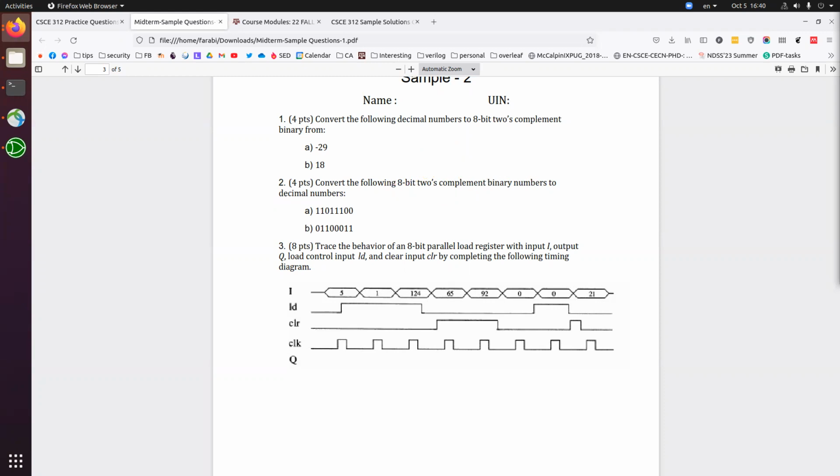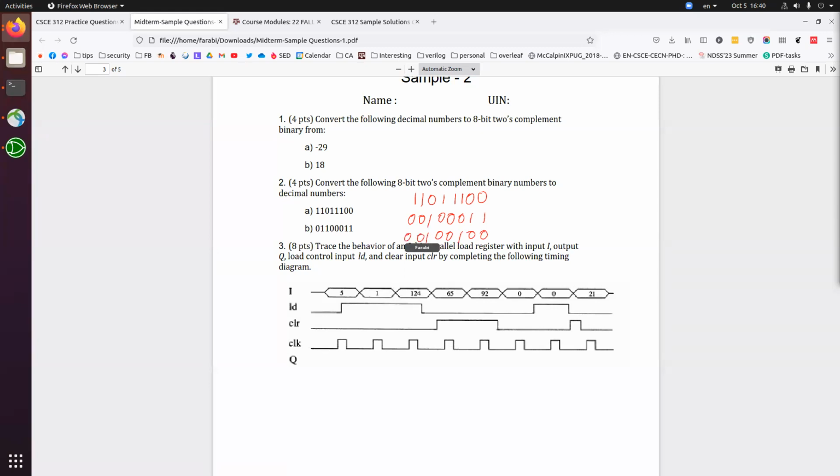So let's do 1 1 0 1 1 1 0 0. So what is the 2's complement of this binary number? Since we have 1 as the sign bit, that means it is a negative number. So let's do the 2's complement of 1 1 0 0 0 1 0 0. Then plus 1 would be 0 0 1 0 0 1 0 0.